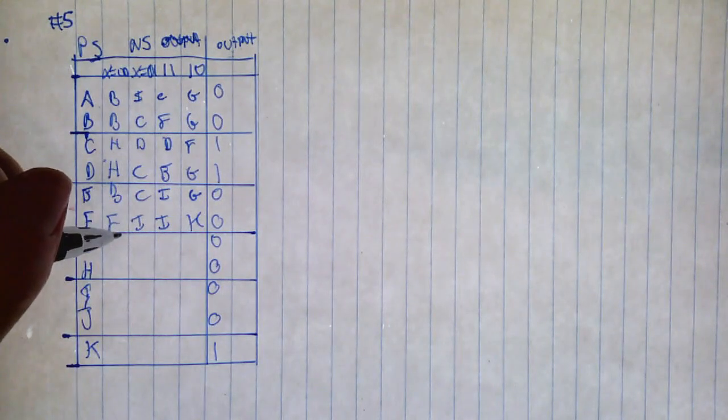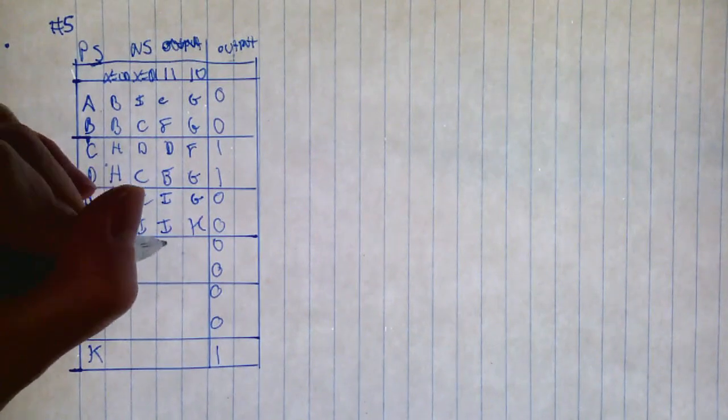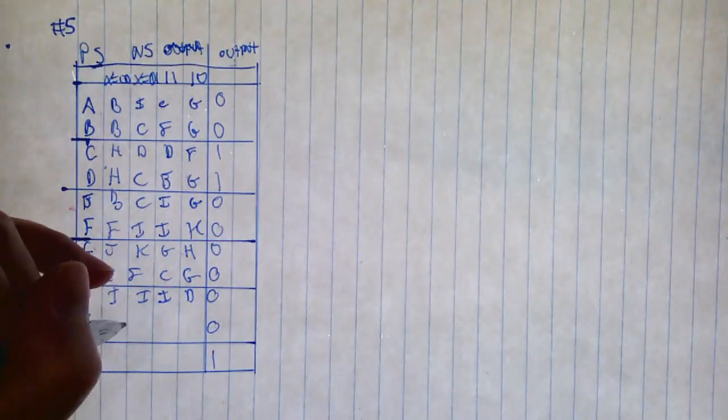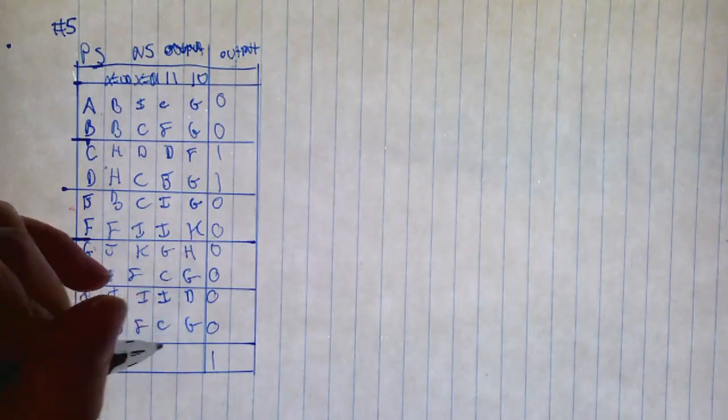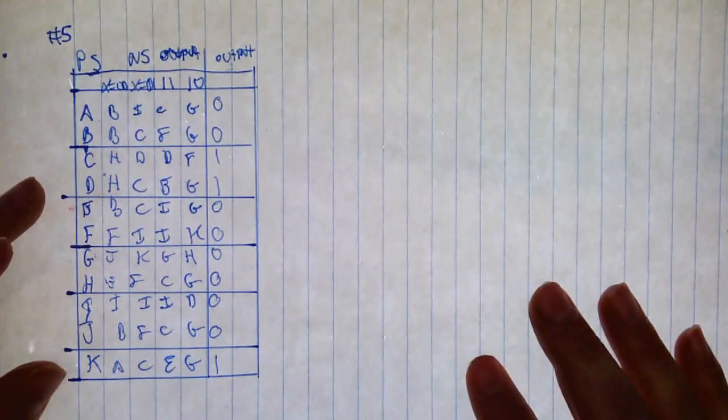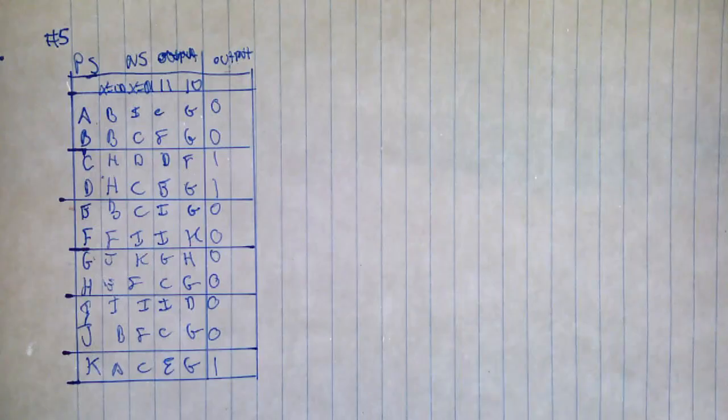And now I have JKGH, EFCG, nope, yeah, that's right, B, F, C, G, and A, C, E, G. All right, I think I got that right. Check me, just in case.